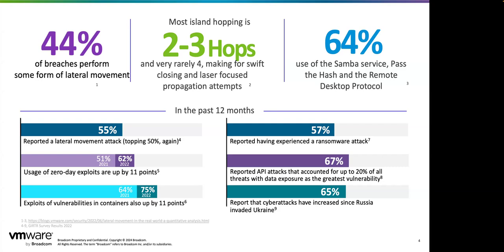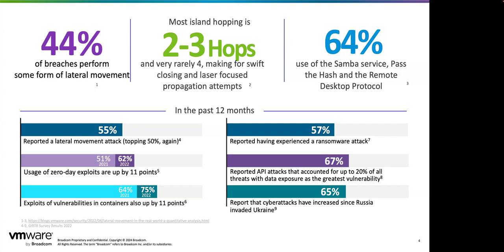In the past 12 months, 55% of organizations have reported a lateral movement attack. We have usage of zero-day exploits up by 11% from 2021 to 2022. Exploits of vulnerabilities and containers also up by 11%, 64 to 75%.